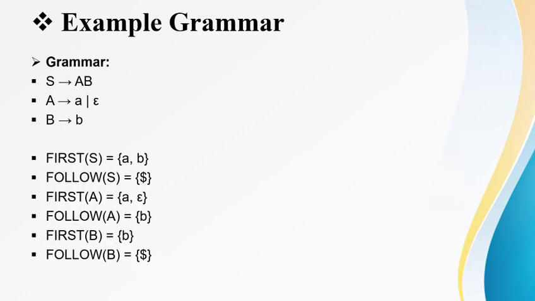Follow of S equals dollar, since it's the start symbol. First of A equals a, epsilon. Follow of A equals b, and First of B equals b, Follow of B equals dollar. This example ties together everything we have learned.